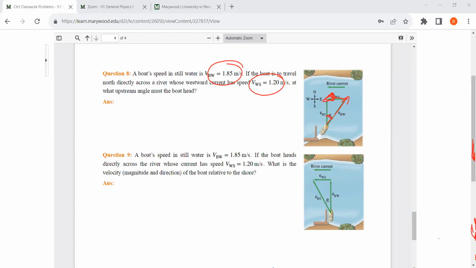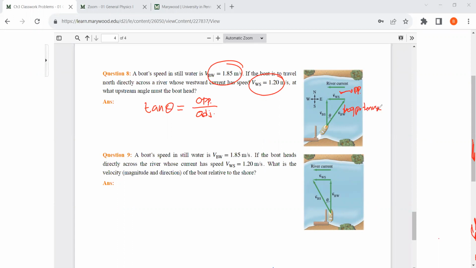If you form a triangle here, for this triangle, tan theta is opposite divided by adjacent. Here we know the hypotenuse and the opposite.